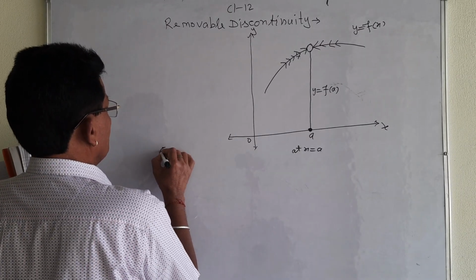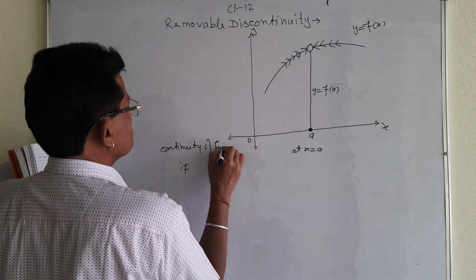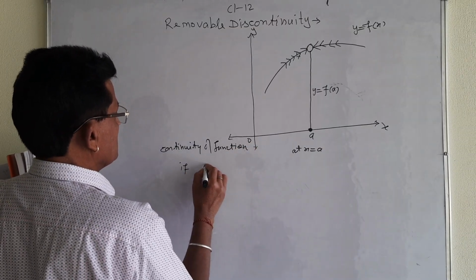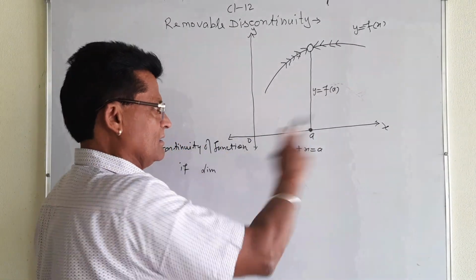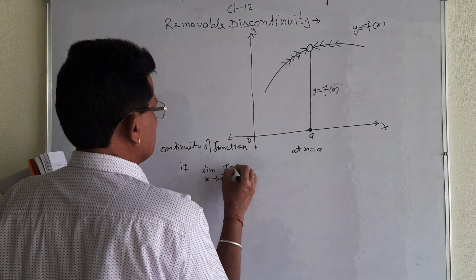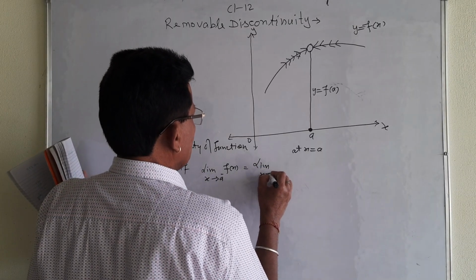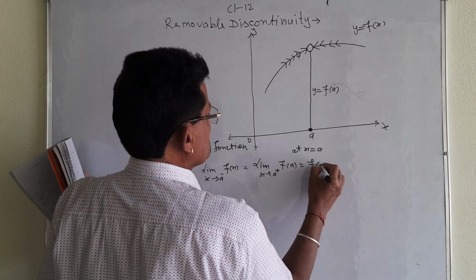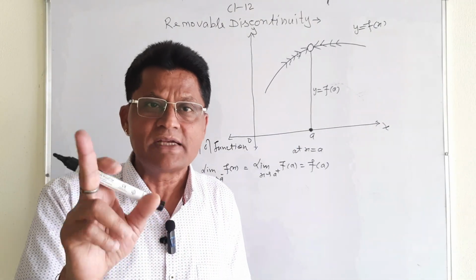If the limit as x tends to a negative of f(x), the left limit, is the first case, it will be equal to the limit as x tends to a positive, the right limit, and equal to f(a), then the function is continuous. Otherwise, the function will not be continuous.